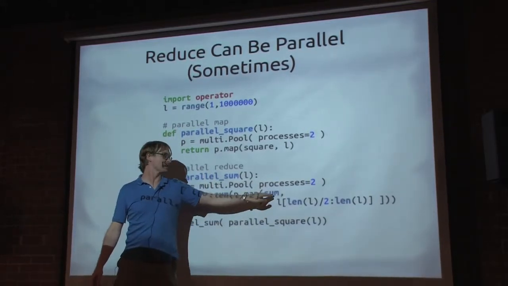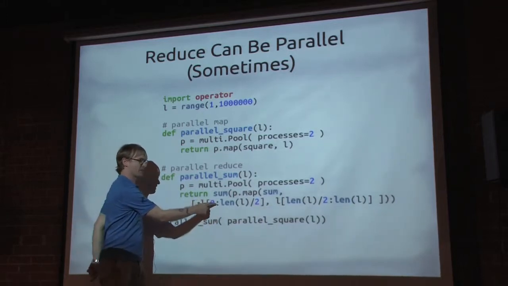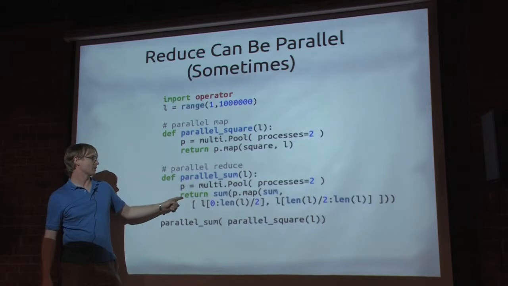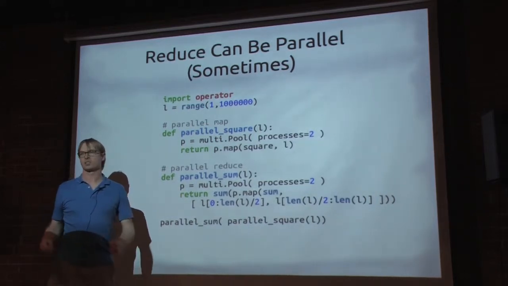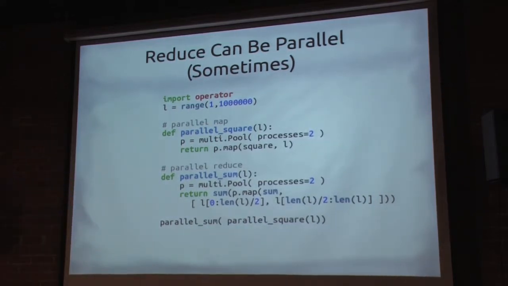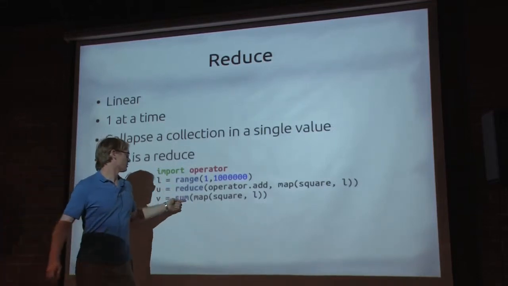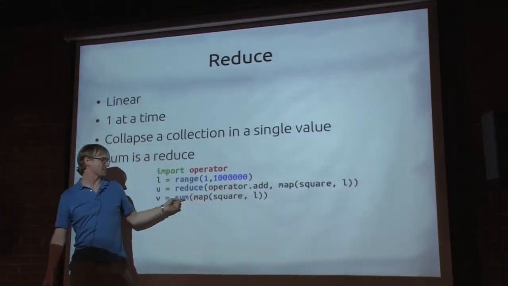P-map that, give it sum. So it asks for the sum of this and the sum of this, does that in parallel on 2 processors, returns a result. So in some cases, you can even parallelize your reduce. Now you'll notice I use sum there instead of reduce. Well, that's just because the reduction on an add is the same as sum.